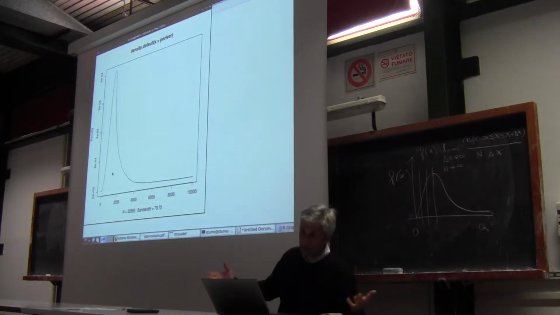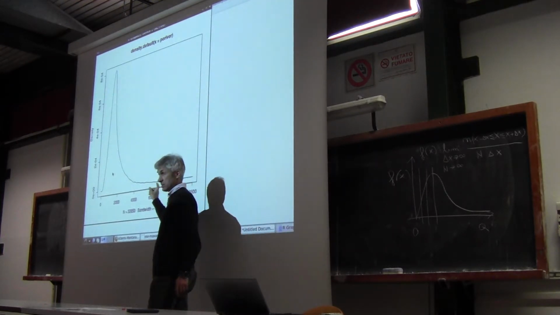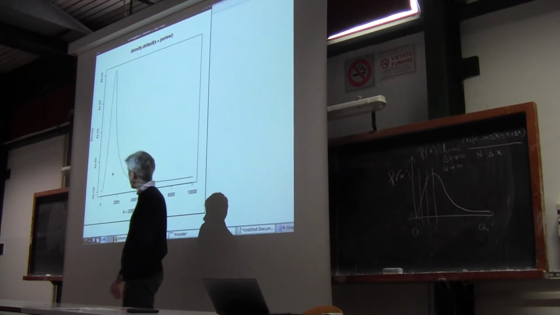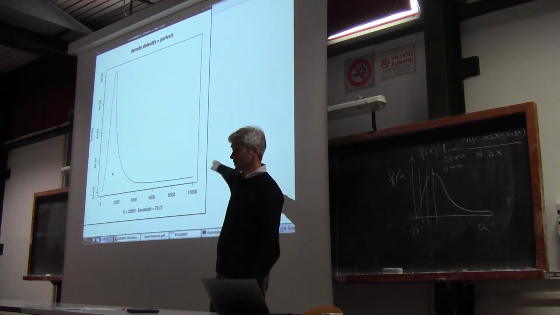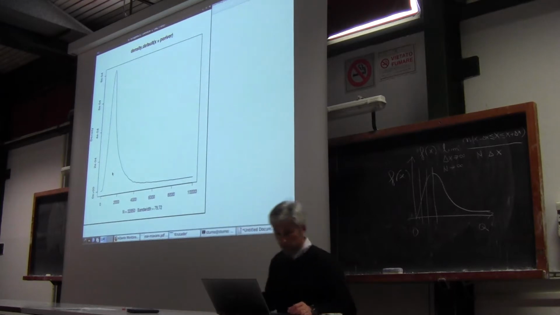This is maybe even nicer. It's not the same graph as before. This has been just computed with R. And what we could do is to superimpose the previous one on this in order to make a comparison. So let me do that.